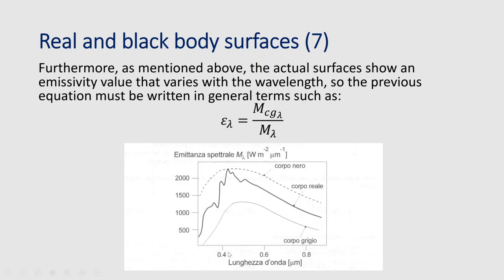Here they are measured in microns, and you see, just to get familiar with the spectral bands, here we have 0.4, 0.8. That means that, you remember, from 0.4 to 0.7 we are in the visible, and here 0.8 is around the near infrared.